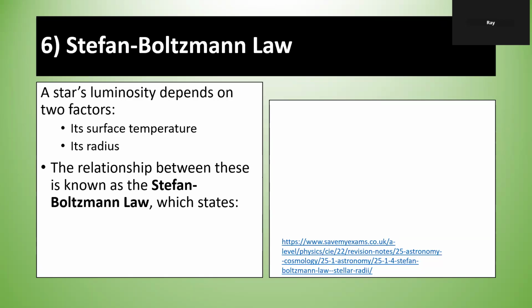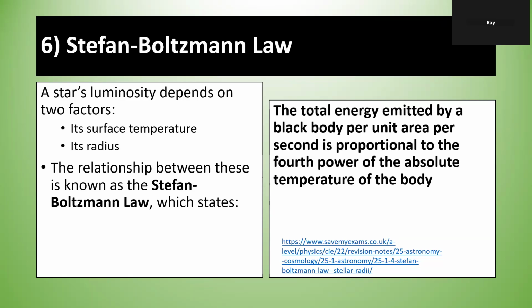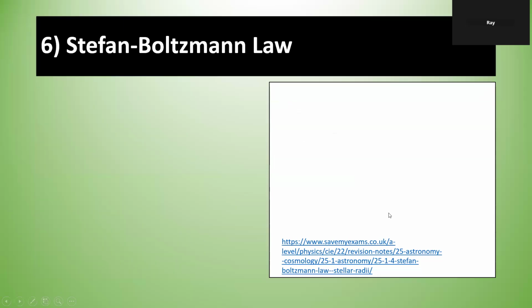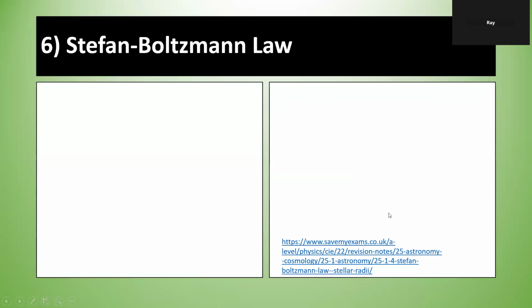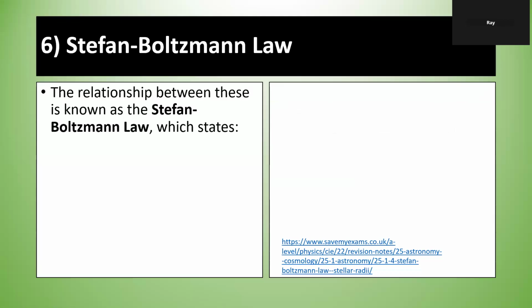The relationship between these is known as Stefan-Boltzmann's law, which states that the total energy emitted by a black body per unit area per second is proportional to the fourth power of the absolute temperature of the body. Right? We stay in words, then we write in mathematical form.